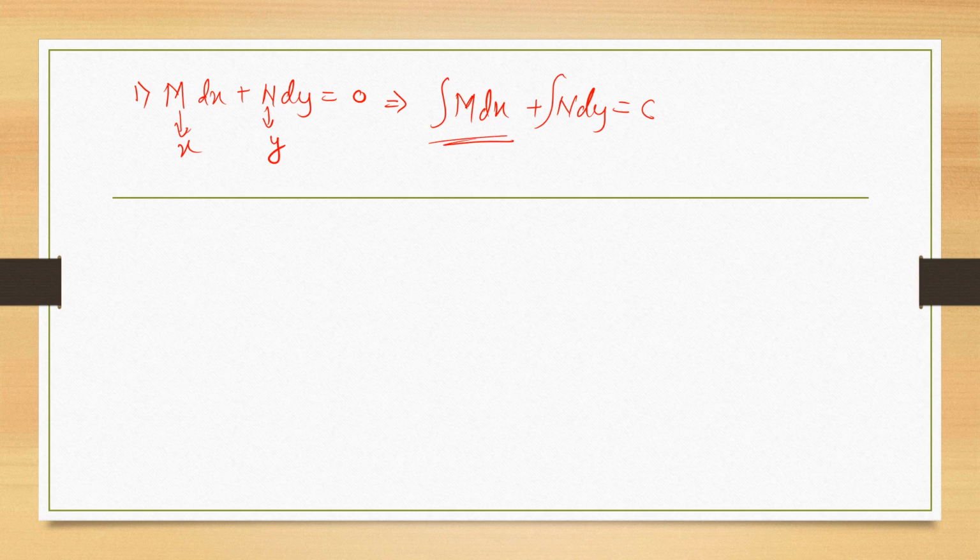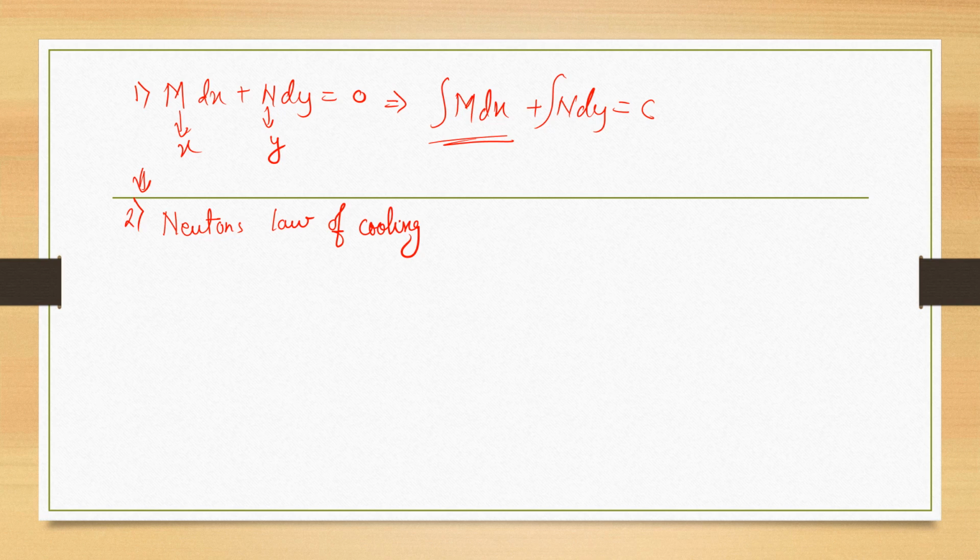With the help of the variable separation method, we have gone through two types: Newton's law of cooling, and determining the orthogonal trajectories of given curves.